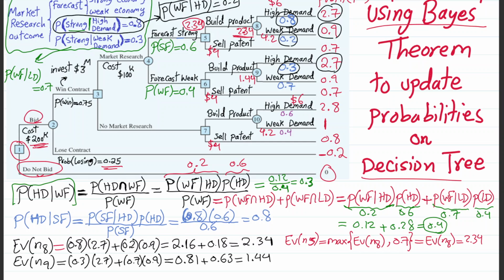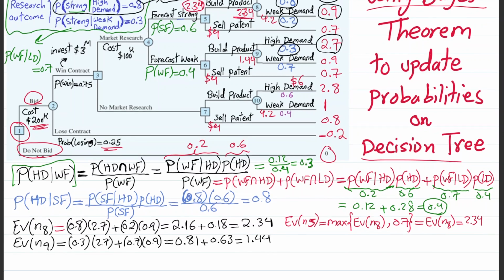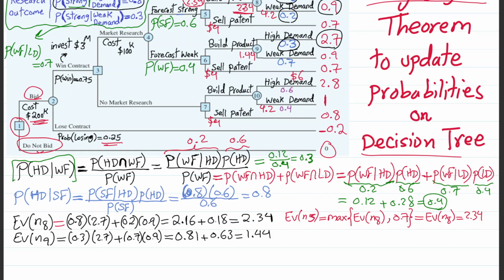Now, if we get to node 5, basically whenever we pay for market research and the forecast is strong, the decision will be to build the product, and that's it. 2.34 we're going to get on average. You can proceed with this process also for chance node 9 and then decision node number 6. With the same process, you can see that if I build the product, I'm going to get on average 1.44 as expected value versus the 0.7 that is the result of selling the IP. So again, the decision is to build the product.